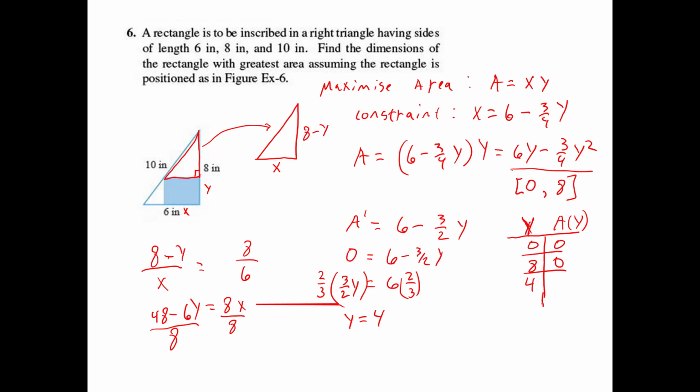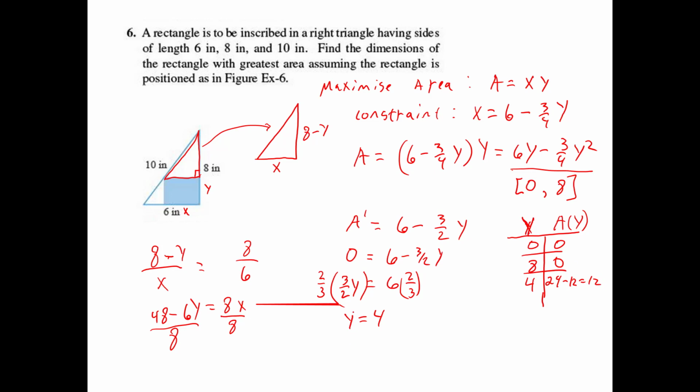So you get 24 minus 4 squared is 16, times 3 is 48, divided by 4 is 12. And so you get an area of 12, right? That is bigger than the zeros, so this is your absolute max.